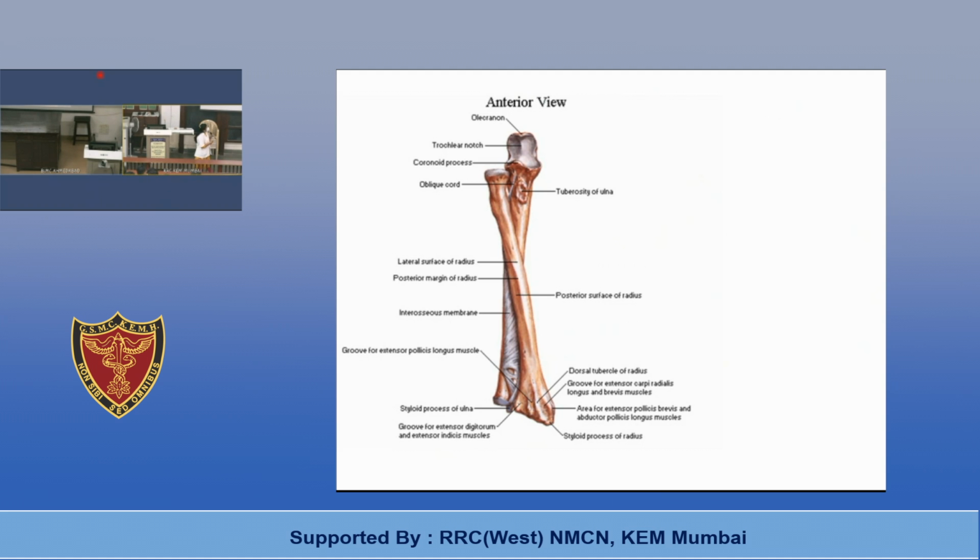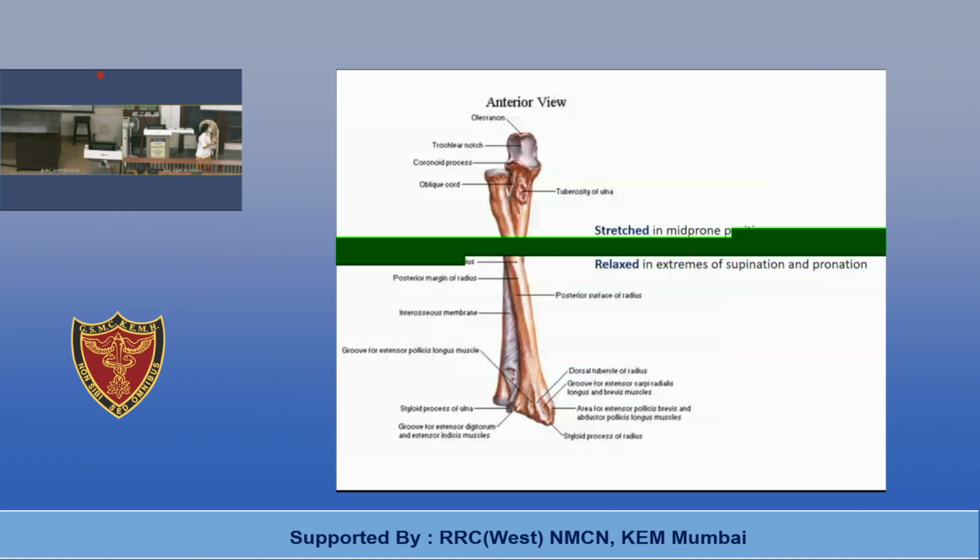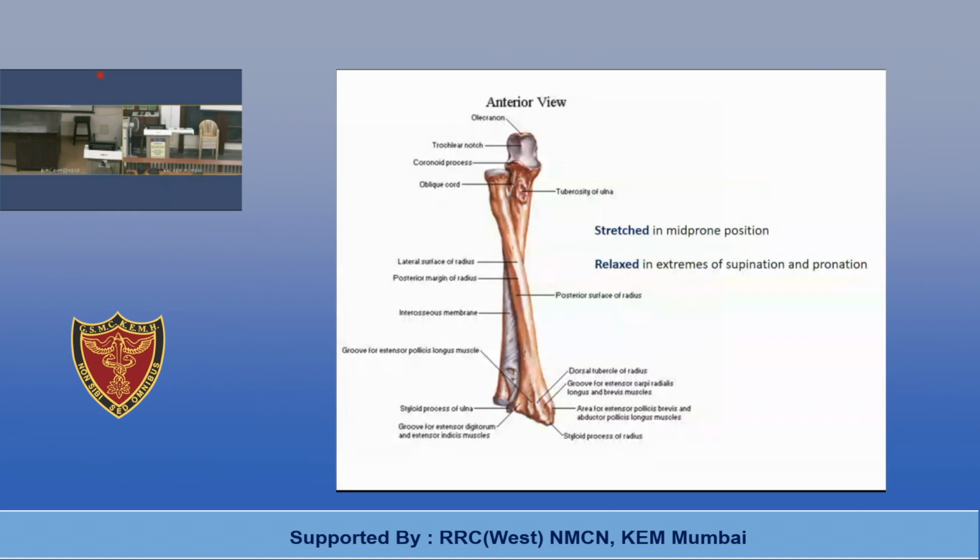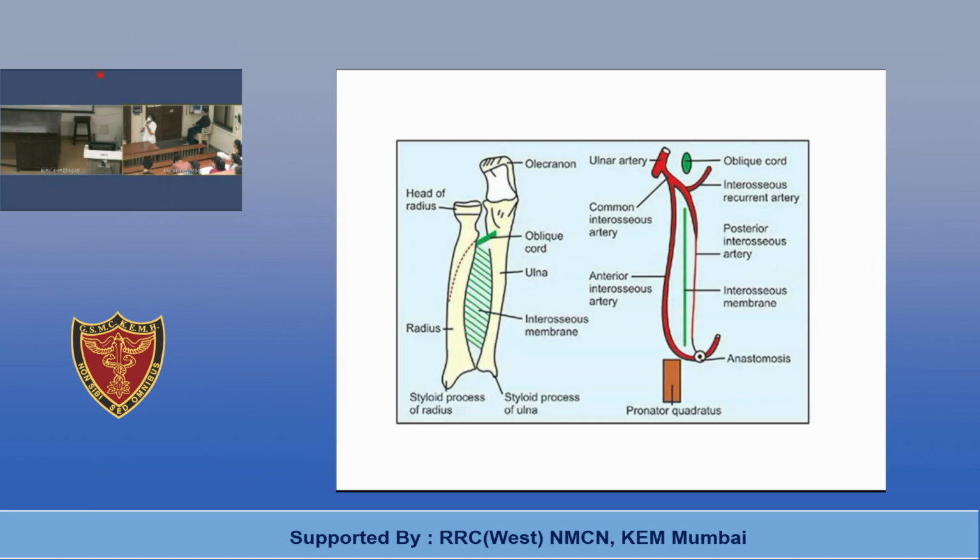If you place your forearm in the mid-prone position like this, the interosseous membrane is stretched. In extremes of supination and pronation, this is supination, this is pronation, it is relaxed. So this is about the interosseous membrane, which is part of the syndesmosis.